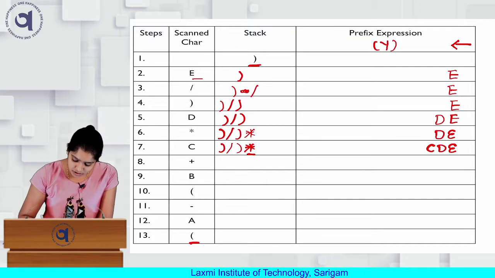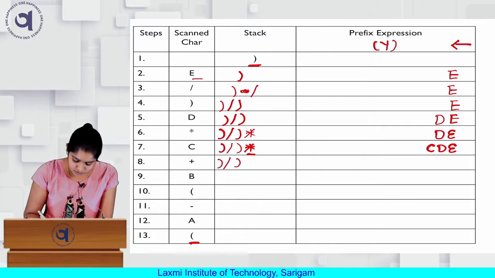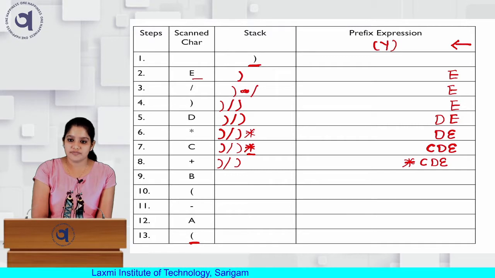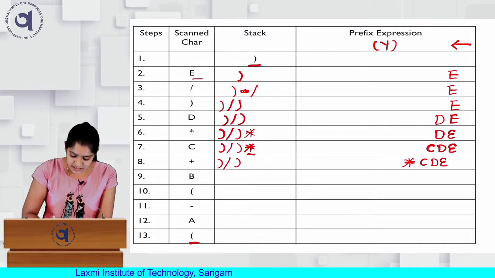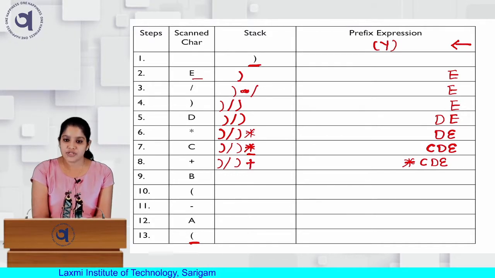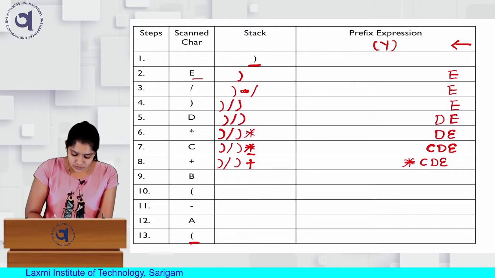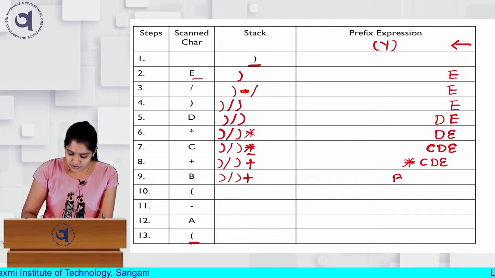So, here we are popping this out. We have slash bracket, and the star will be popped from here and pushed into this prefix expression, and then this plus would simply be pushed into the stack S. Now, next we have B. This would remain the same, and you simply push this B over here in the prefix expression. So you have this.